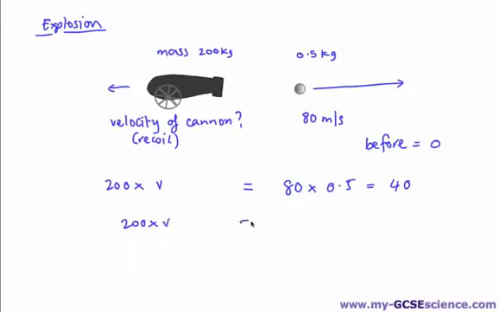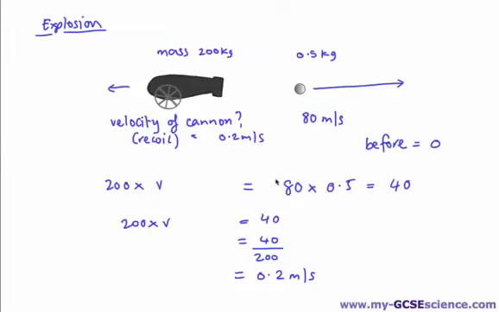And if you do the calculation, it's a simple case of 40 over 200, which is 0.2 meters per second. Okay, so the velocity of the cannon is going to be 0.2 meters per second.